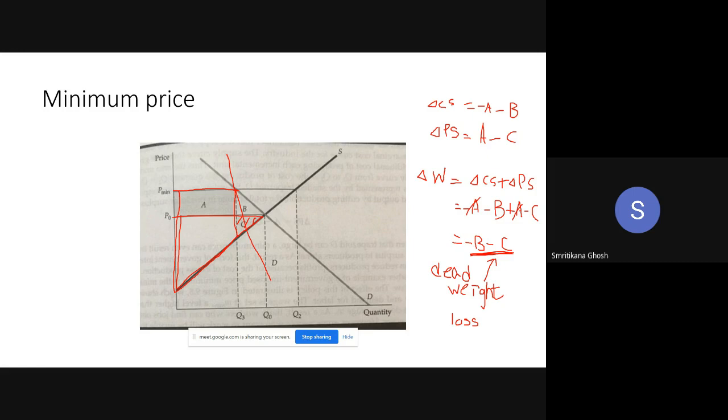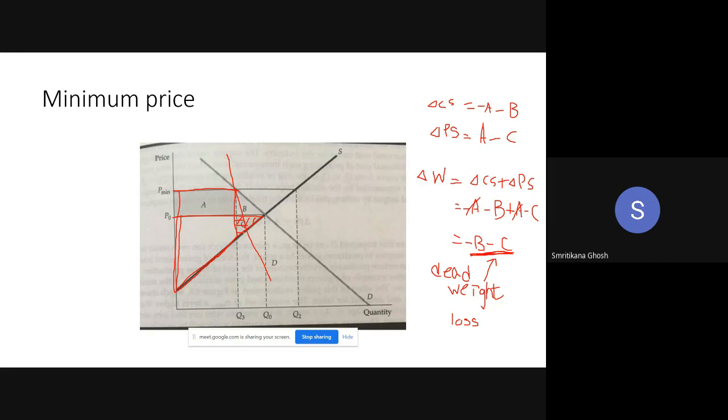Look at the area of C now, lesser, no? Your A is as before. I just keep A as before. But look at the area of C now. It's very much lesser than before. Look, this is the only C. So here, the gain of the producer is more than the loss.